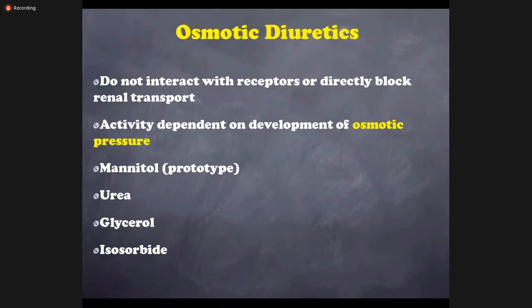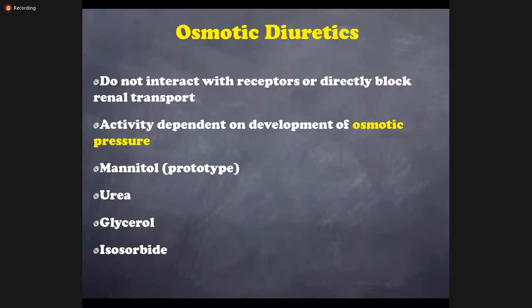Now the fourth important group. In the previous class we discussed the thiazide diuretics and the loop diuretics, and now we have discussed the potassium sparing diuretics. Now the fourth important group is the osmotic diuretics.